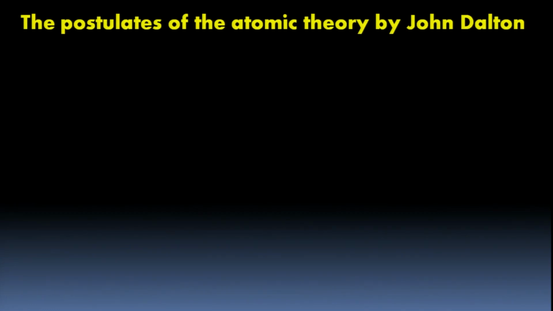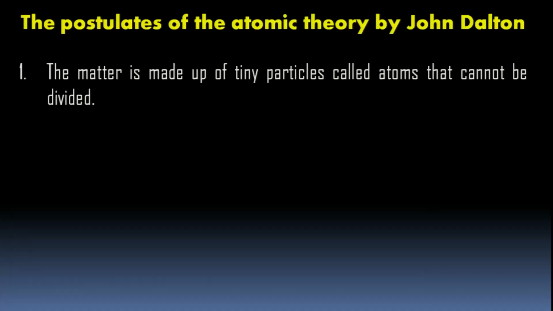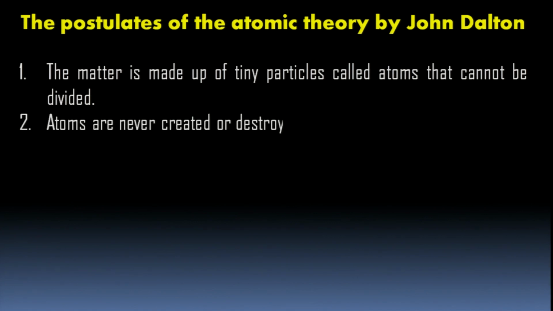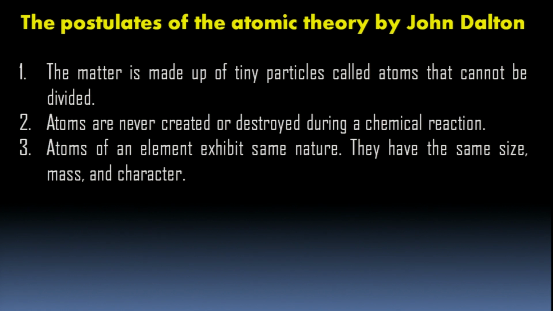Next, we had also done the postulates of atomic theory by John Dalton. What were the postulates? Matter is made up of tiny particles called atoms that cannot be divided. Atoms are never created or destroyed during a chemical reaction. Atoms of an element exhibit the same nature.